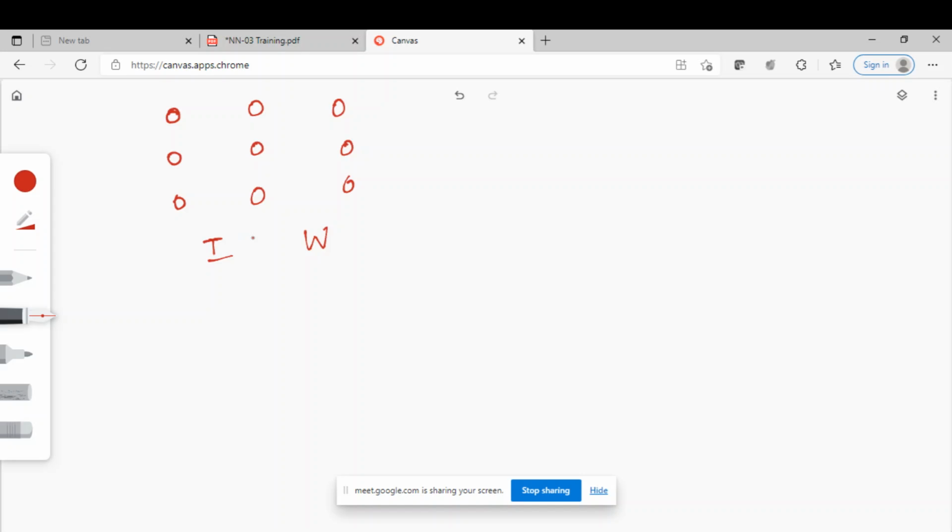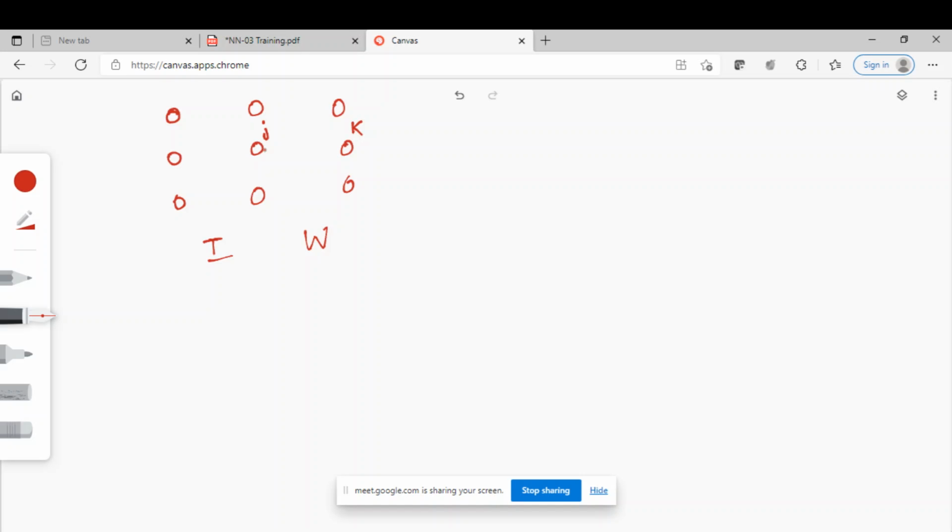Now say, for example, this is the jth neuron in the hidden layer, and this is the kth neuron in the output layer. So this weight we'll call wjk.